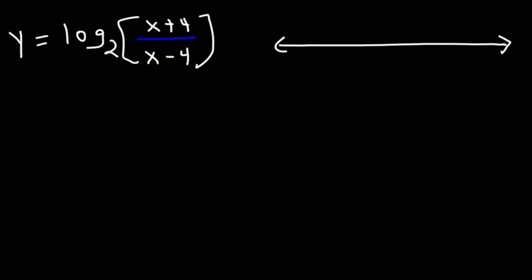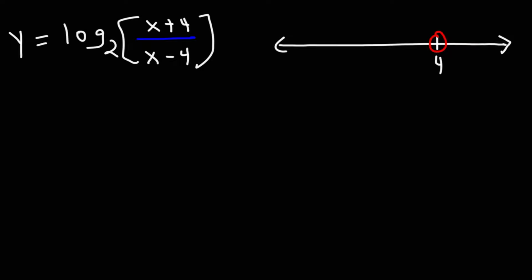So whenever you have a rational function, that is a function with fractions in it, where you have the variable on top and on the bottom of the fraction, the denominator cannot be equal to 0. So automatically we can see that x can't be positive 4. So we have an open circle at 4.